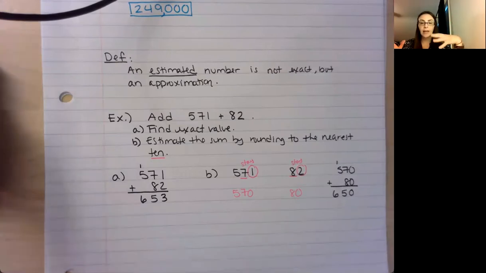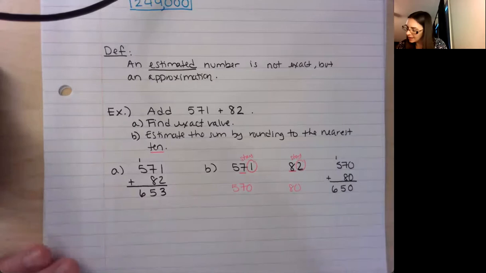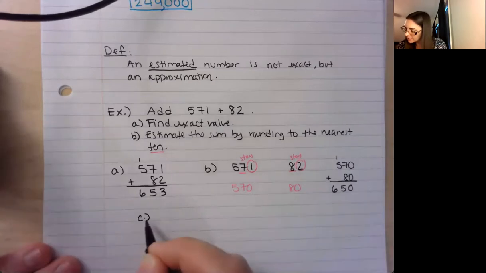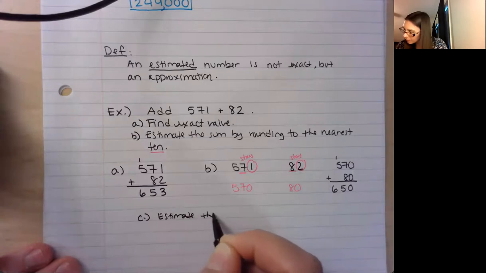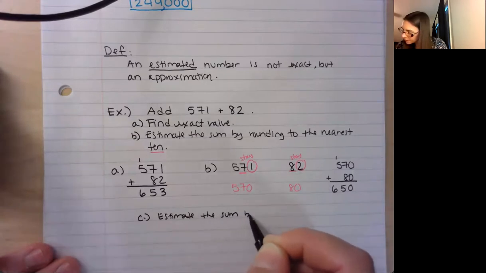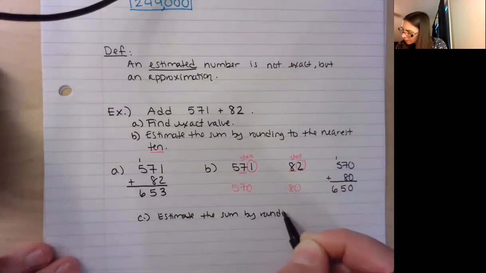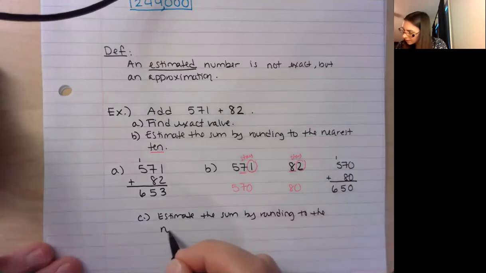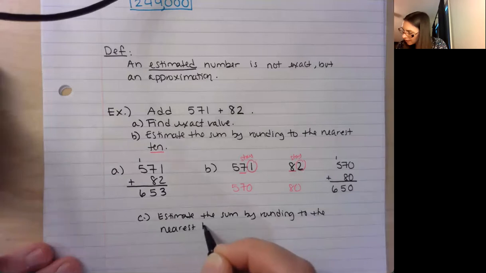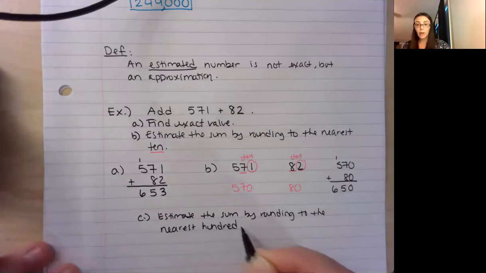So some people may want to estimate to the nearest 10, but you could also estimate this to the nearest 100. Right? So maybe I want to add part C here. I'm going to estimate the sum by rounding to the nearest 100. So I could do it that way too.